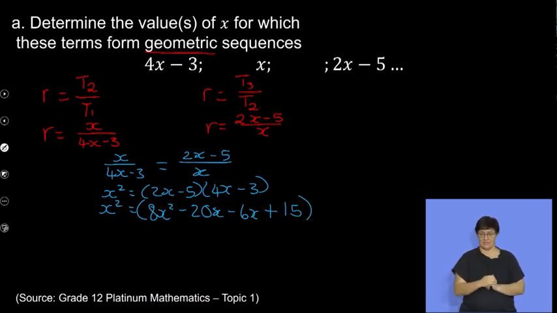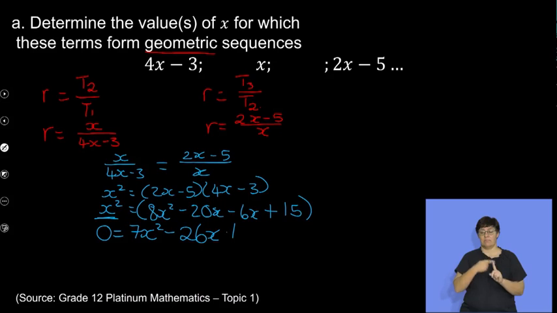Then I'm going to take this x squared over to the right-hand side. So I'm going to have 0 is equal to 7x squared minus 26x plus 15.